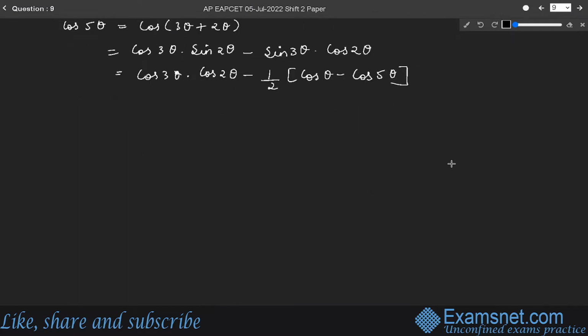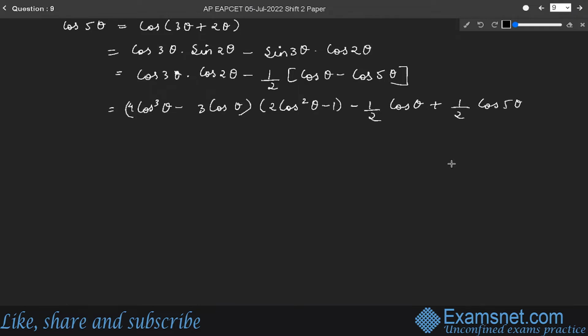On further solving, it will be equal to 4 cos cube theta minus 3 cos theta into 2 cos square theta minus 1, minus 1 by 2 cos theta plus 1 by 2 cos 5 theta.